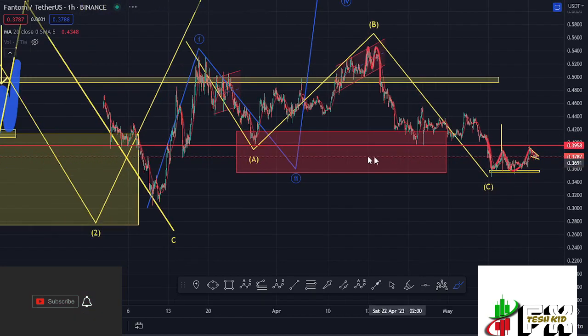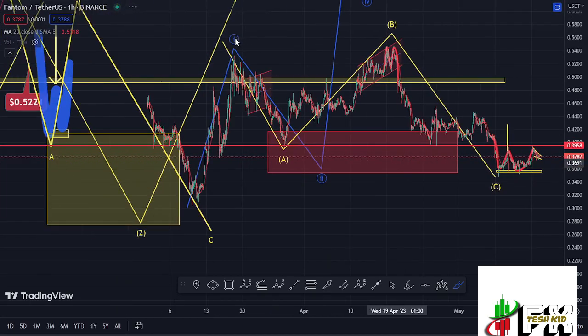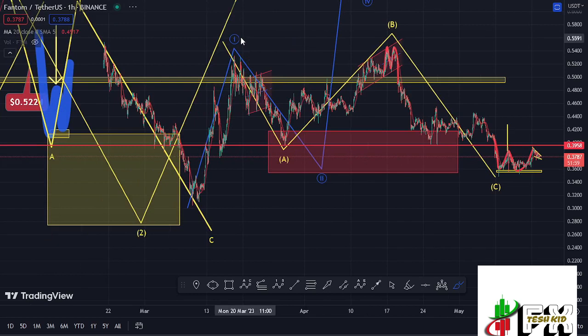And all this is playing out after we fully peaked in the formation of that larger Elliot count 1 in a move that gave us a high at around the $0.5338 mark.